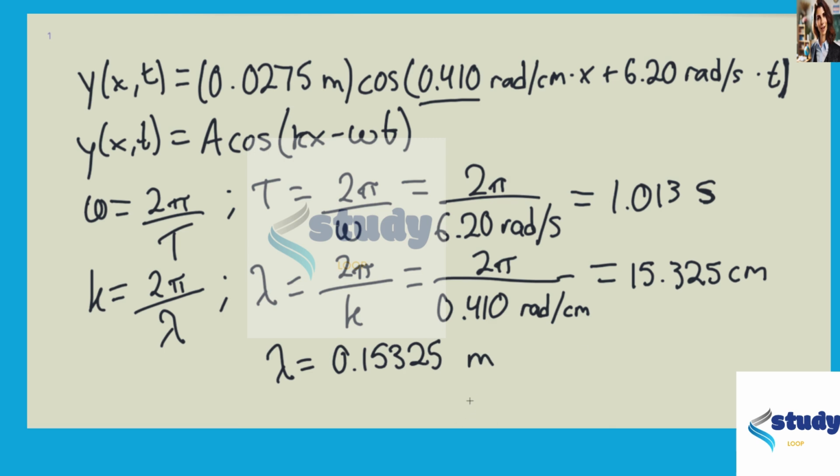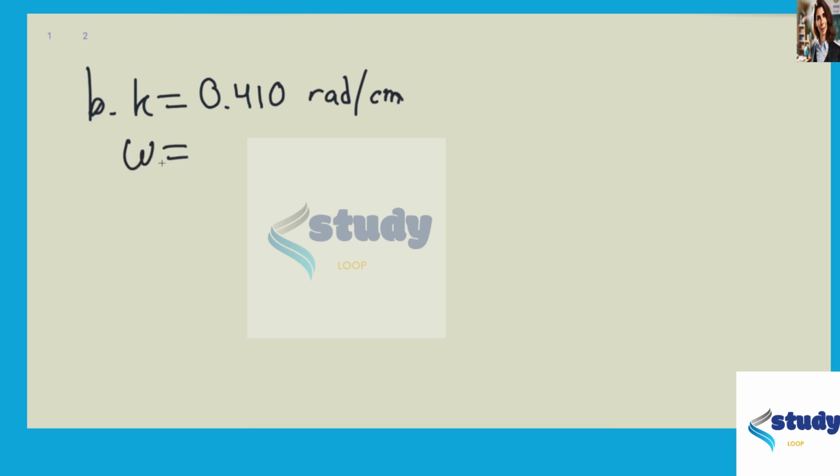And then at this point, we can find the frequency. Part B is asking us to find the wave number. The wave number we can just say is 0.14 radians per centimeter. That's just taken from the equation. And then the second part of B is asking for the frequency. We know the angular frequency is equal to 2 pi times the frequency.